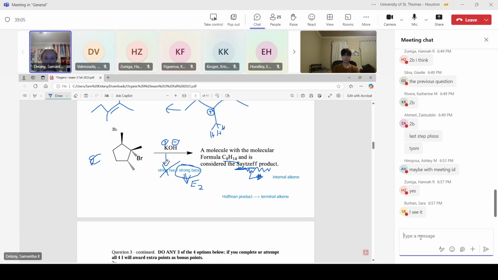So if we want the Zaitsev product, we want an internal alkene, we could use a hydrogen on either carbon beside it. Now let's check where our hydrogens are because they need to be trans if we're going to be doing an E2 reaction. Okay, the hydrogen on the top carbon is cis with the bromine, so we can't use that one. The hydrogen on the bottom carbon, however, is trans, so we can use that one.